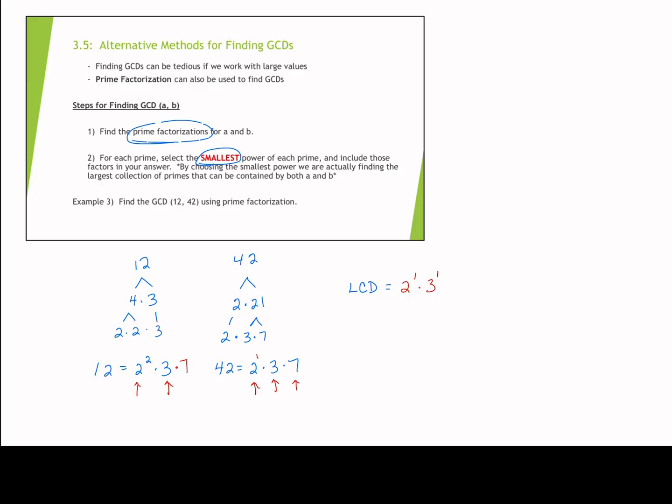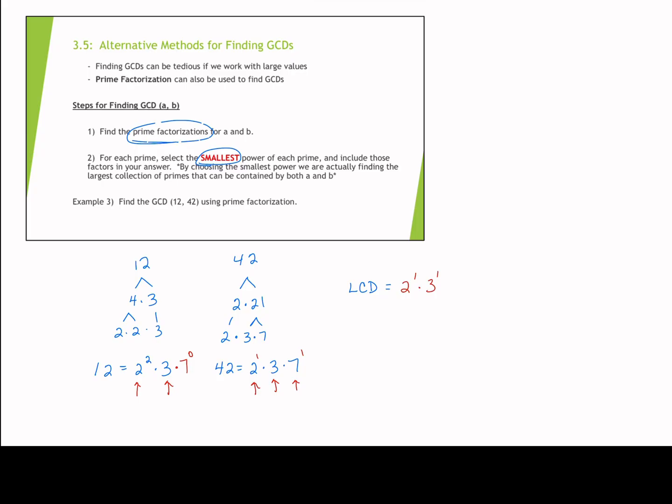It's no longer going to be a 12. But if I say this is 7 to the power of 0, we know that 7 to the power of 0 is just 1. So now we can compare bases of 7 and say 12 has 7 as its base to the power of 0, and we know that 42 has 7 as its base with the power of 1.